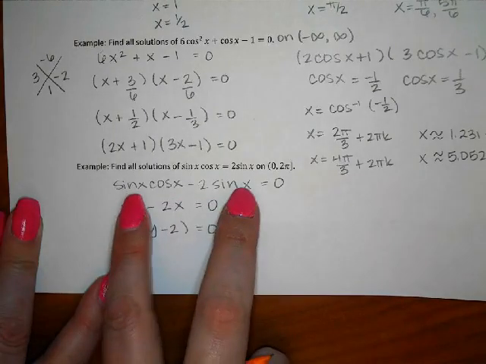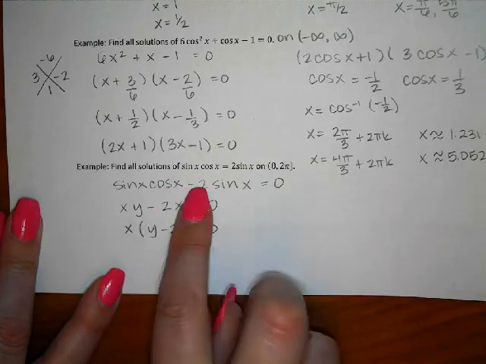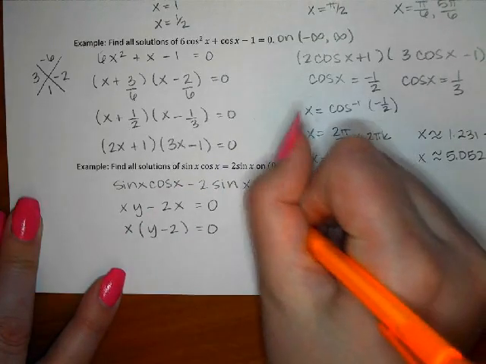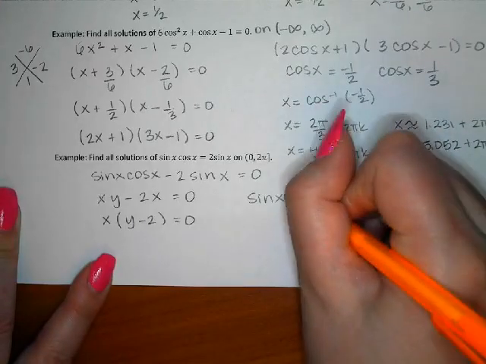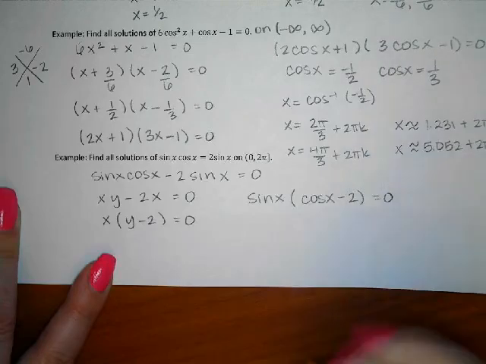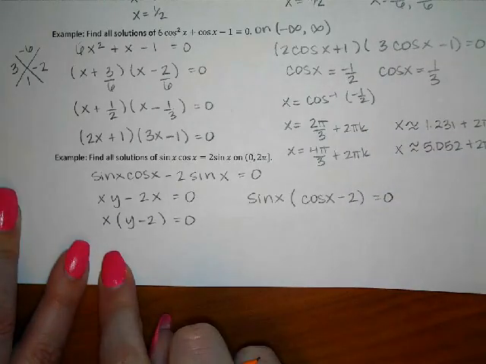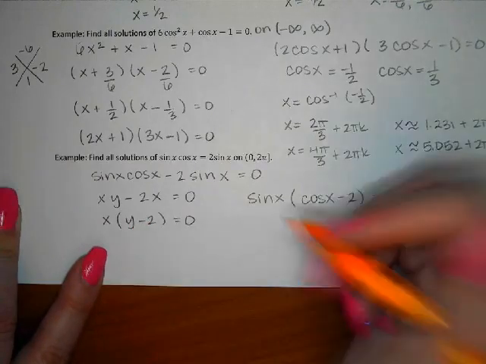So I have sine, and my leftovers, cos x minus 2. And here if we were solving this, we'd say x equals 0 and y equals 2. So over here, we're going to say sine x equals 0 and cos x equals 2.